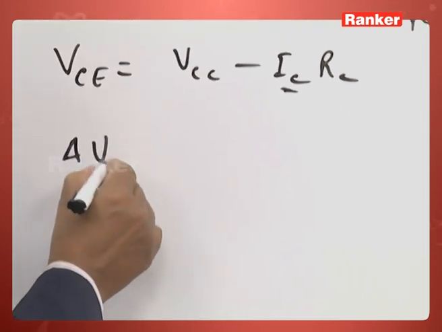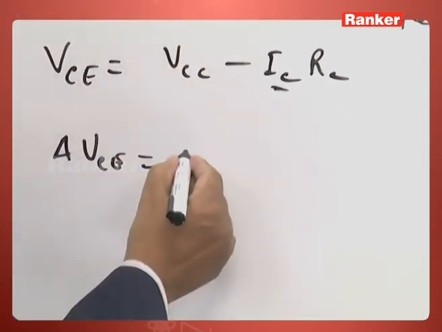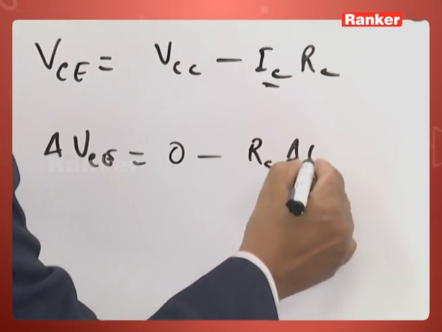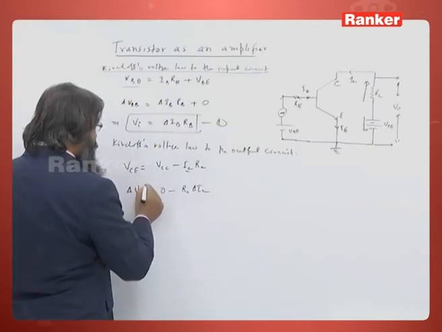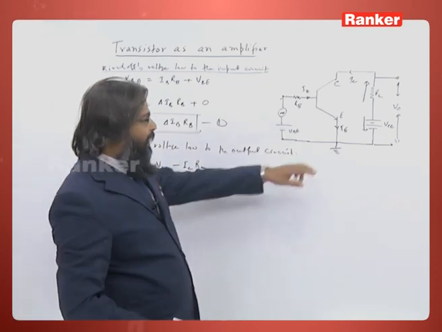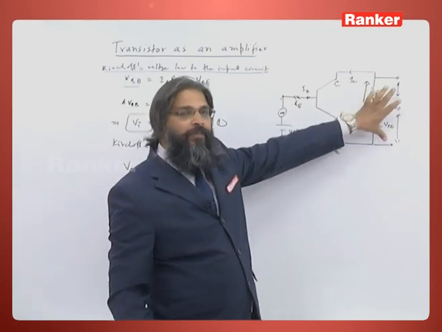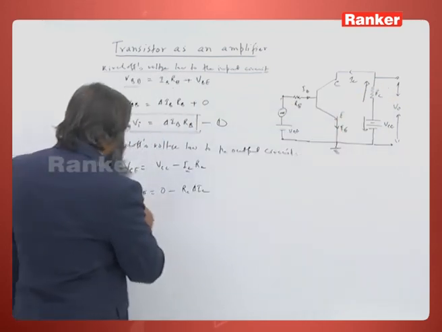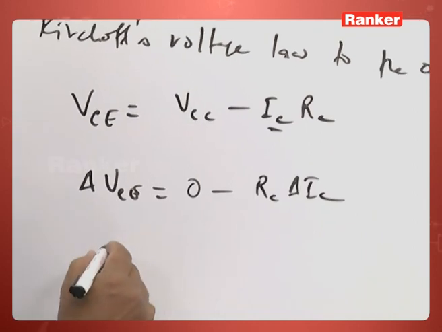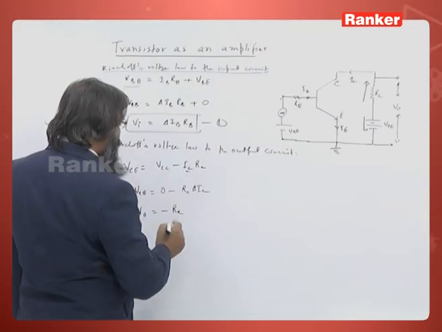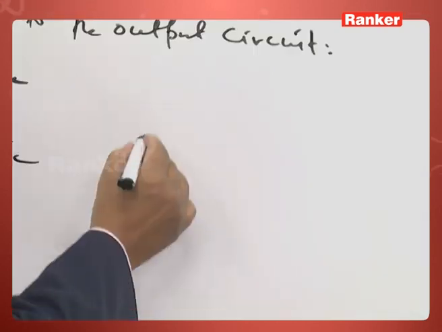A change in VCE will be, since VCC is constant, 0 minus RC times delta IC. So whatever change is given, that change will appear this way. This is called V output, that is minus RC times delta IC.